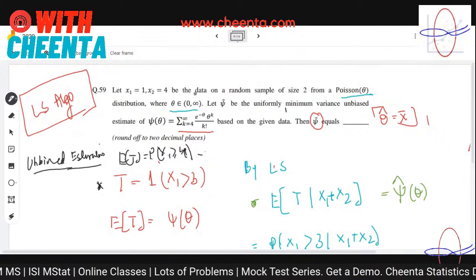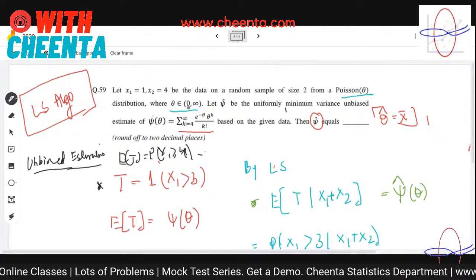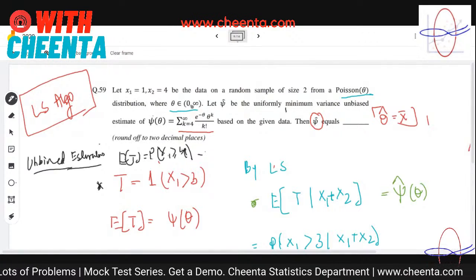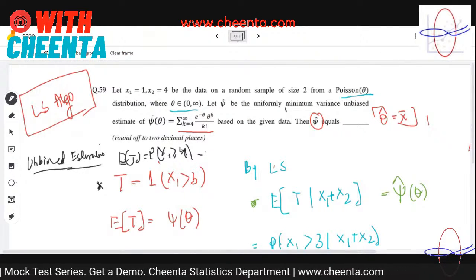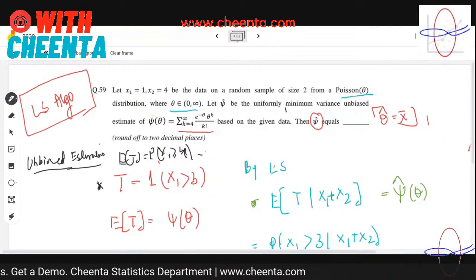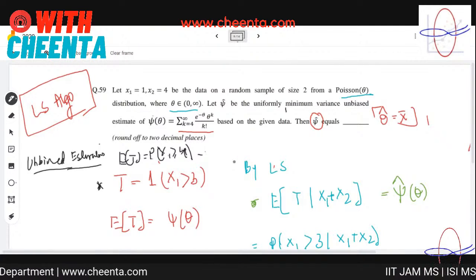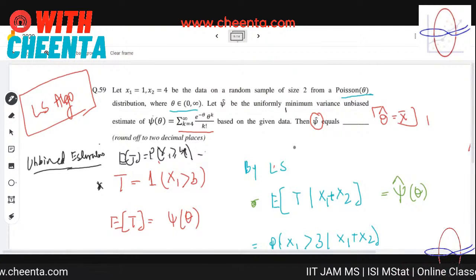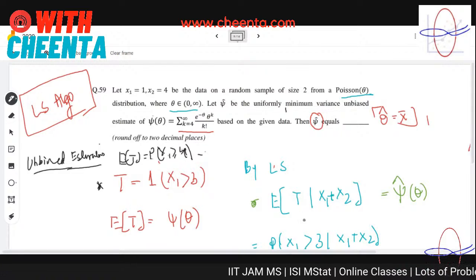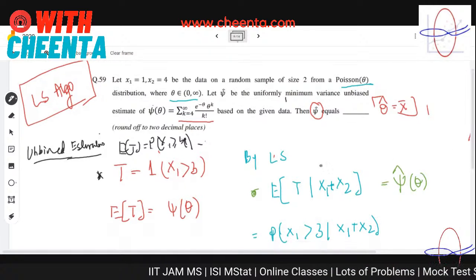So what is the complete and sufficient statistic of theta? It's X bar, which is a one-to-one function of X1 plus X2. So essentially X1 plus X2 is a complete and sufficient statistic of theta. If you condition T on that, you get psi dash of theta.